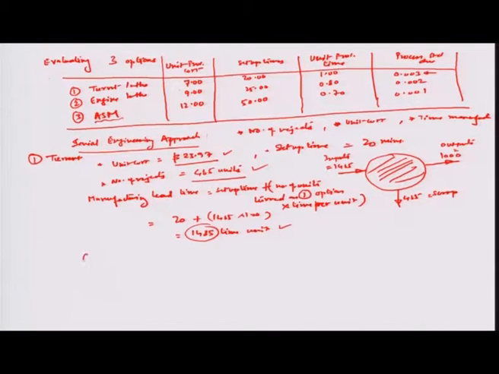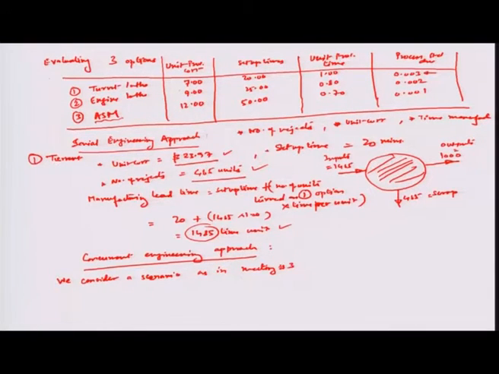When we talk about a concurrent engineering approach, as you may recall, we considered a scenario as in meeting 3, which talks about the rejects being higher and something having to be done for the customer to accept the overall quality level.